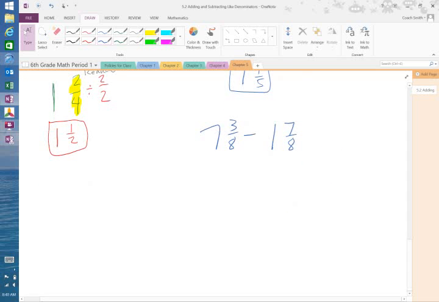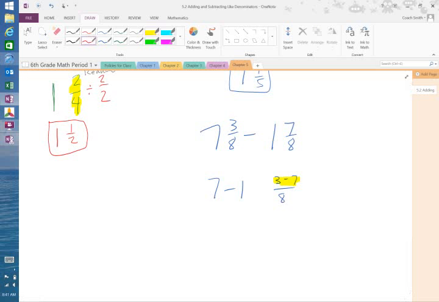If you're doing it horizontally, you would have 7 minus 1, and then you would have 3 minus 7 over 8. Well, I can't do this. 3 minus 7 I can't do.